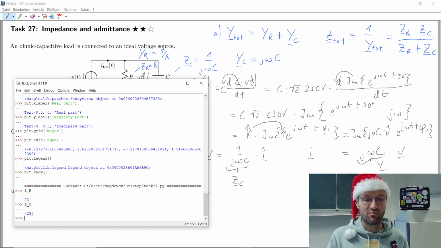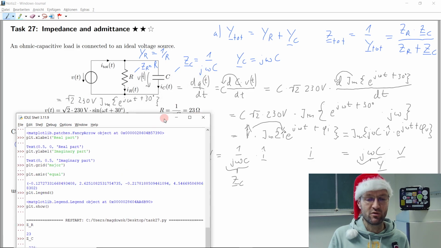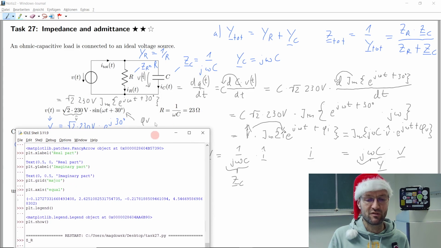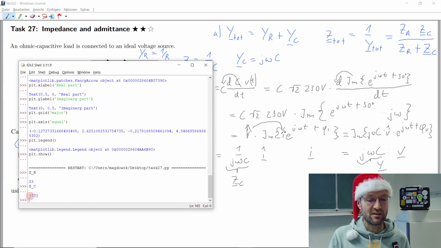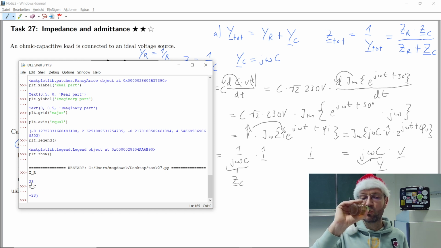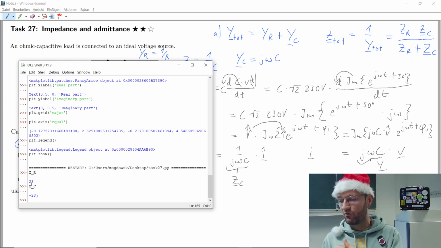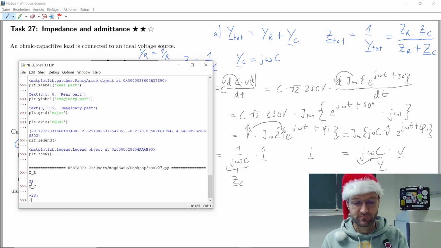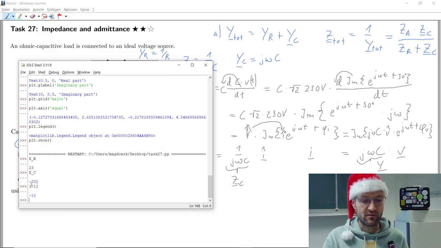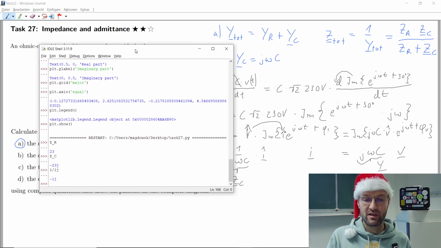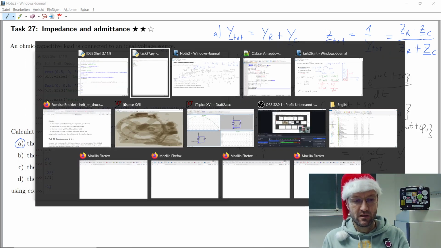It should be 1 over j, and then the 1 over omega C is 23. So this makes sense. But where do we get the minus from? 1 over j. We can check. 1 over 1j is minus j. Okay. And now we can do these calculations.